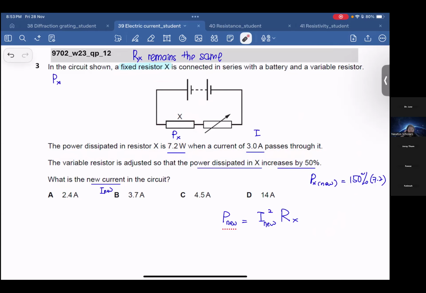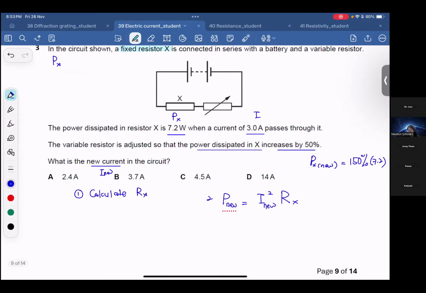Prasan, no? Try again. So hints: number one, calculate the Rx. Number two, find the new power, which is 7.2 times 150%.